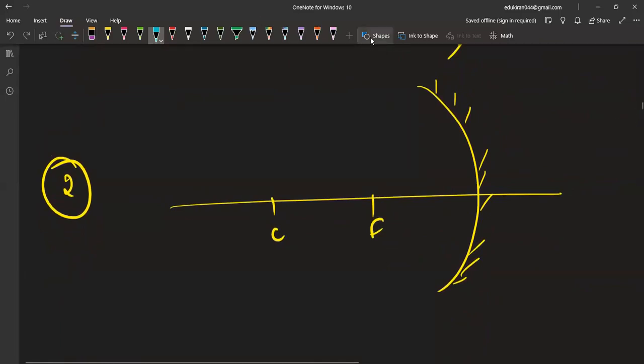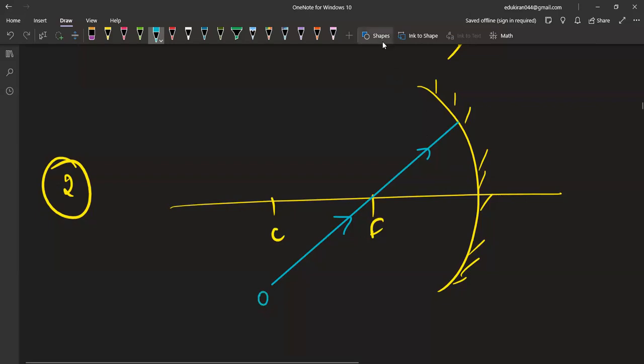Secondly, if the reverse occurs, suppose a ray of light, because it's not always possible that the ray of light is falling exactly parallel. It can happen that it is falling at a certain angle. Suppose this ray of light has passed through the focus. The object was somewhere here, so from the object, rays of light have gone.